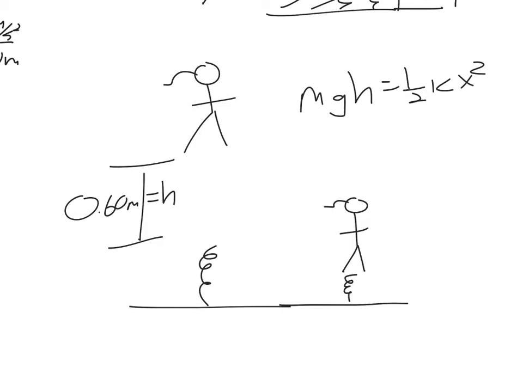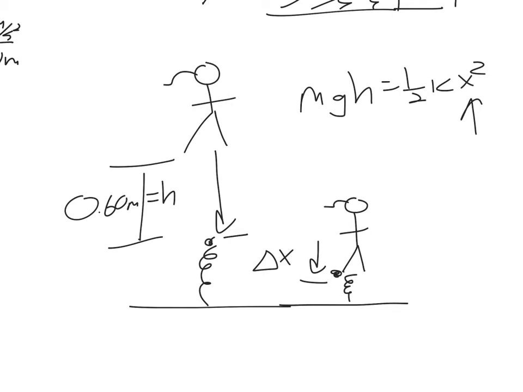And the reason you can't say that is she falls mgh to here, but then she falls a little more. There's more height to be lost because the spring is compressing vertically. So there's this delta. This is the equilibrium position and then the final position. So this is the delta x, right? That's how far the spring is compressed.